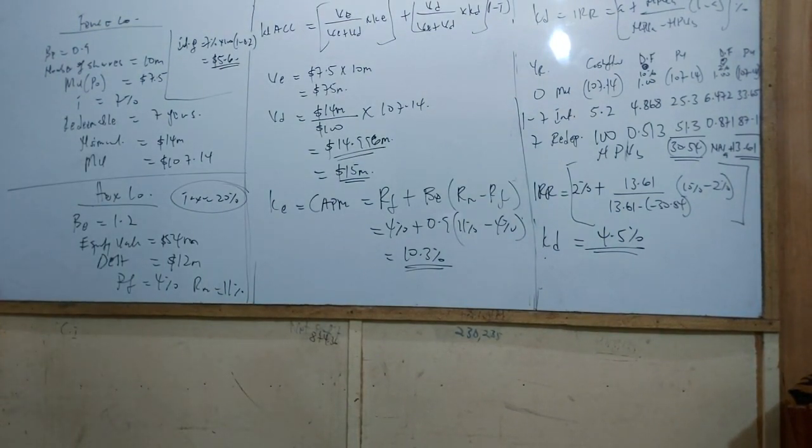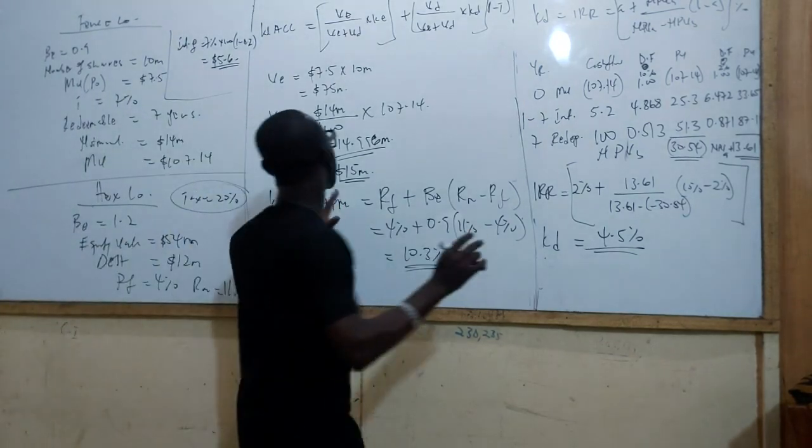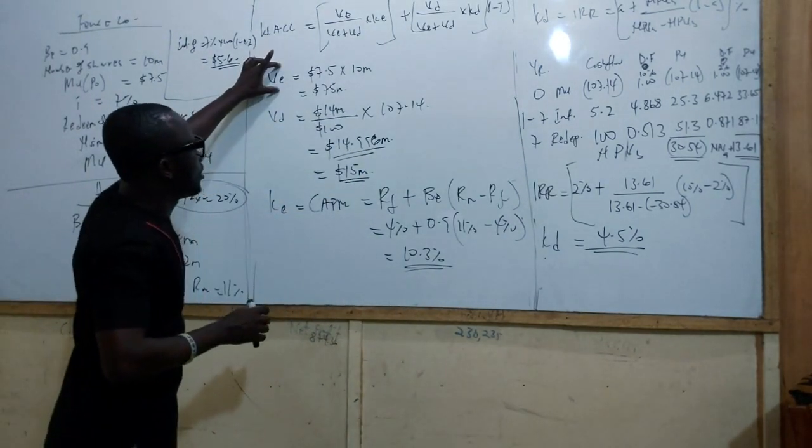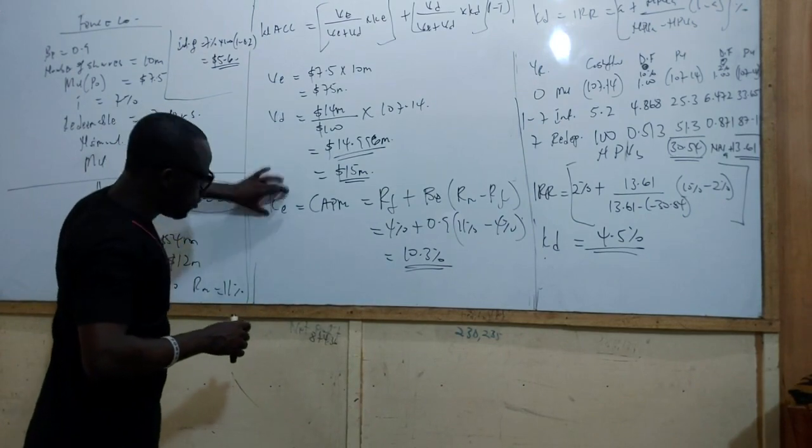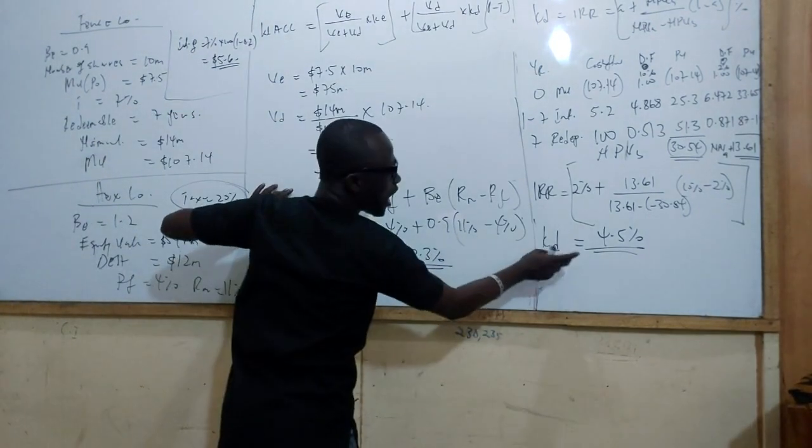Got the same thing? Okay. So now what do we have? We have VE, we have VD, we have KE, we now have KD.